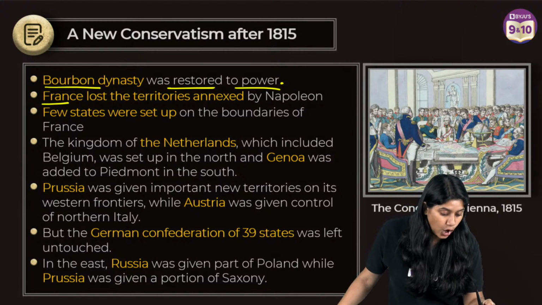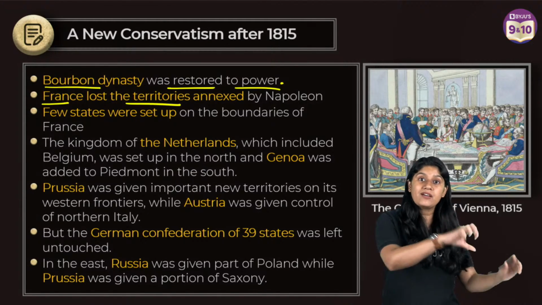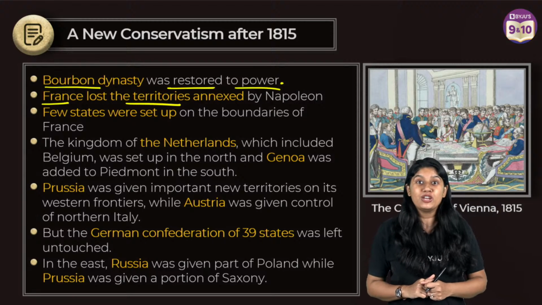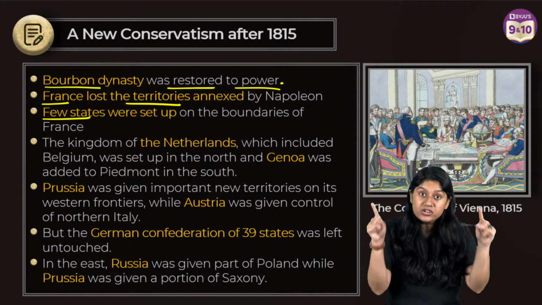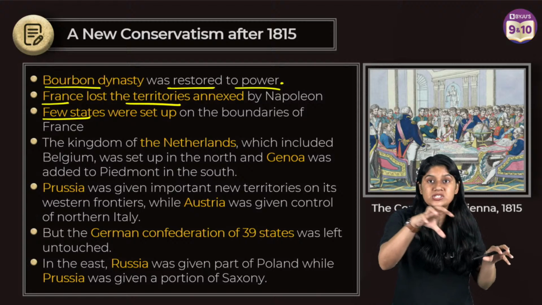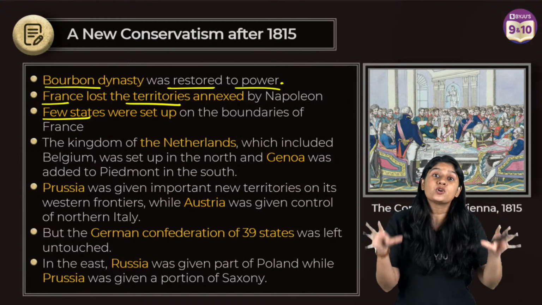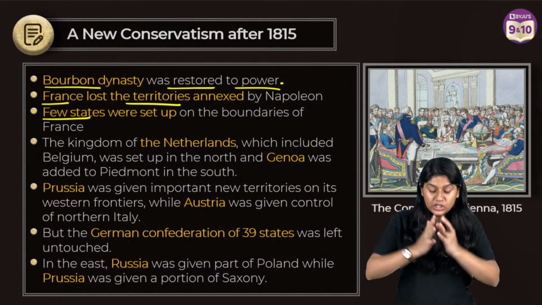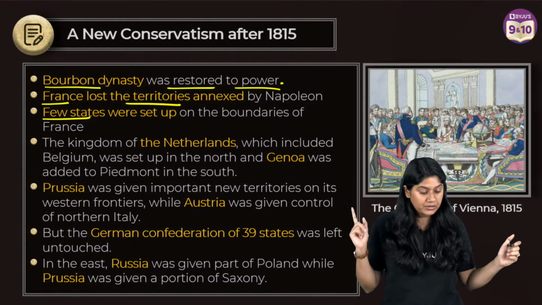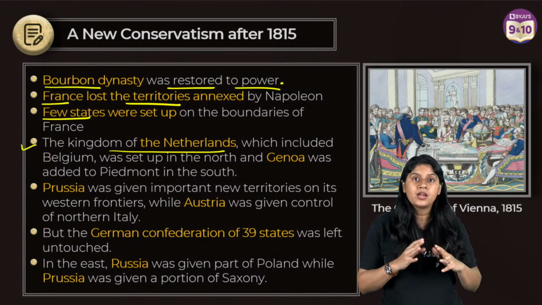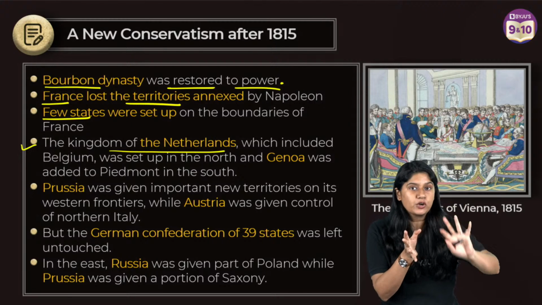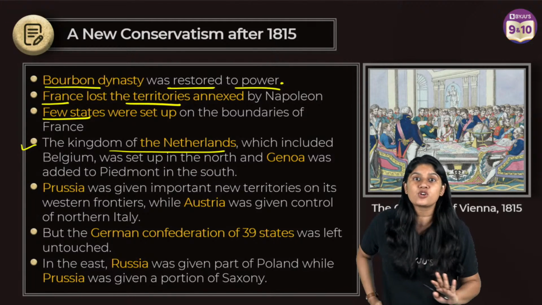France lost all of its territory which it had occupied in the period of Napoleon. A few states were set up as a boundary so that the French nation cannot grow back again. Clear? The Kingdom of the Netherlands, we saw the division happening, and a few parts were given to different nations altogether.